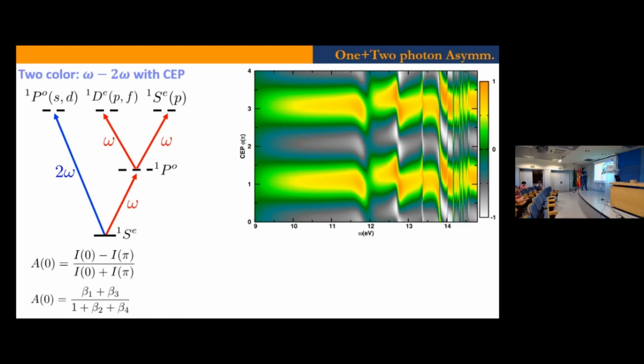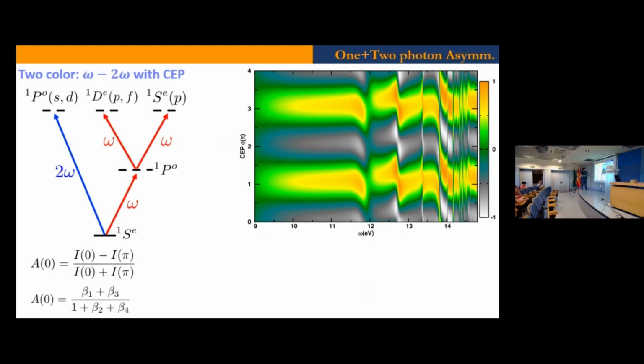Okay, so now if you want to look at the interference, you have to look at something angular dependent, no? And one magnitude that is usually used to quantify interference is the asymmetry parameter of the photoelectrons.